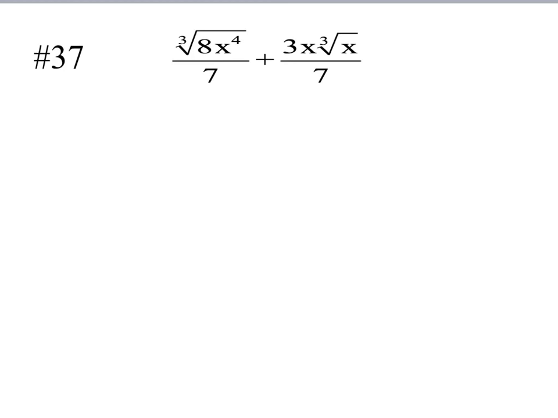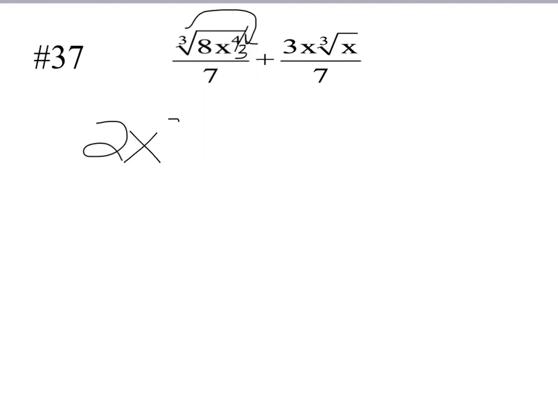So for instance, we know that the cube root of 8 is 2. So I'm going to change cube root of 8 to 2. And then if we take our index and make it our denominator, and we ask ourselves how many times can the index go into the exponent, 3 goes into 4 one time, and that represents 1x coming out front.